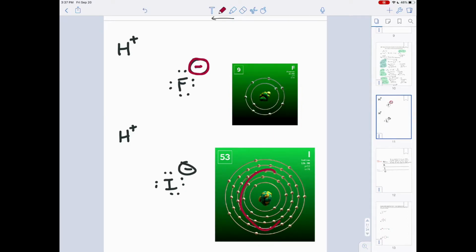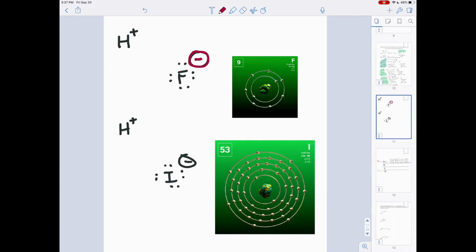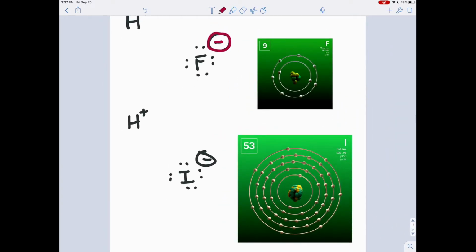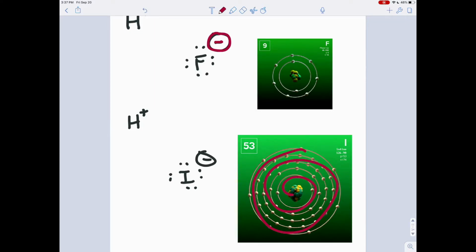Whereas if you try to fit the same amount of charge in an iodine atom, there's so much space. The charge gets spread thinner, it's more diluted in an iodine atom. And so the larger atoms get, the more space they have that they can use to stabilize a negative charge.